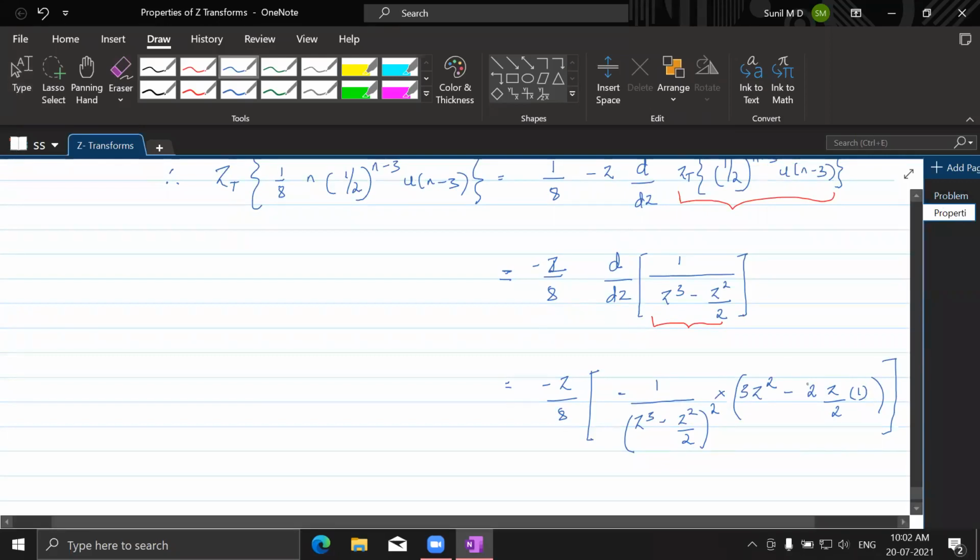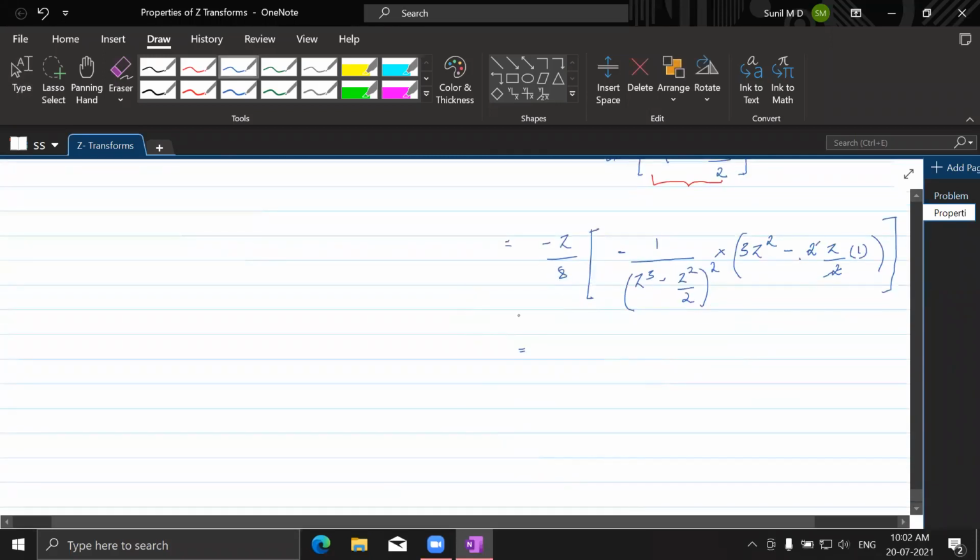So this 2 and 2 goes off. You'll be left with minus z by 8 into minus 3z square minus z divided by z cube minus z square by 2 whole square. Now what can I write this as?